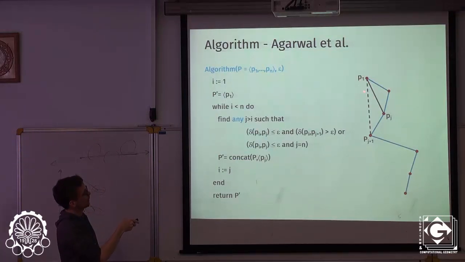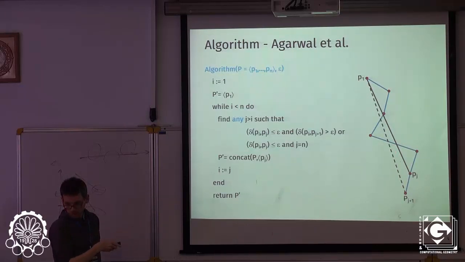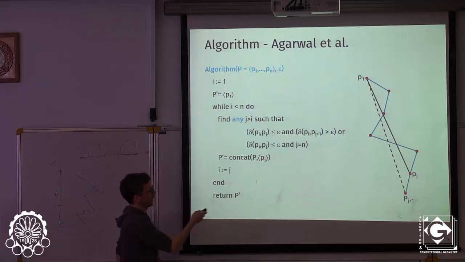I try to find a segment where the Fréchet distance to the subcurve is small, but then I also look at the next one, and that one should be large to accept the segment. If that's not the case, I continue looking, and as soon as I have one, I continue from j.